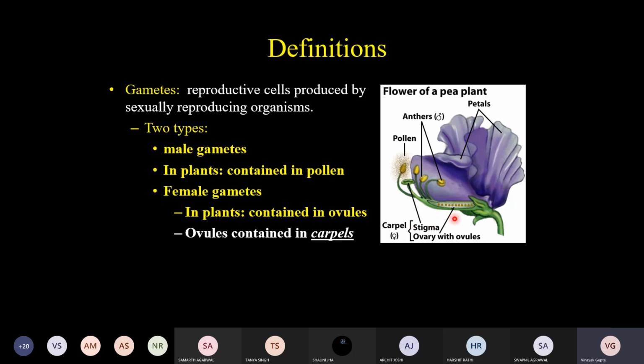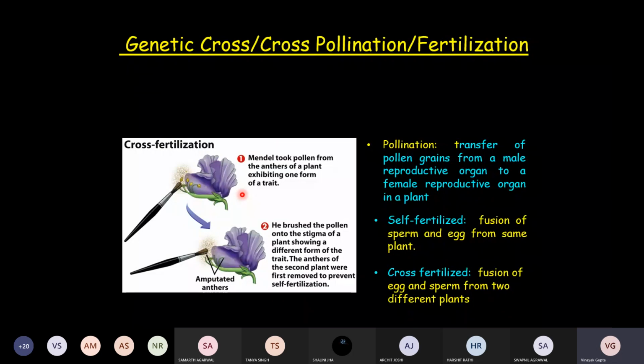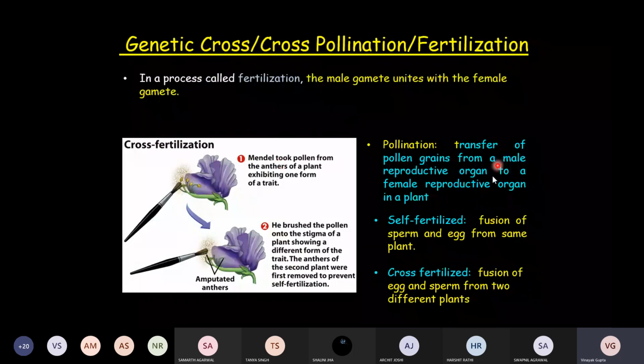Here you are seeing the second structure in the plant, which is called the carpel. The carpel consists of the stigma, and the ovary, and that is the female gamete here. So male gamete and female gamete are both there in the pea plant. Now, how is the genetic cross conducted, how is fertilization conducted?